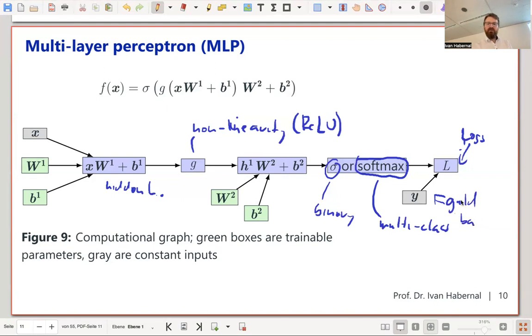So this is the full computational graph of the multilayer perceptron, a deep learning architecture which can solve not only the XOR problem but, depending on the width of the hidden layer, much more. Actually, all functions if it is wide enough. But you don't want to make it wide, you want to make it deeper, stacking more layers. Okay, and so can we train this from data?